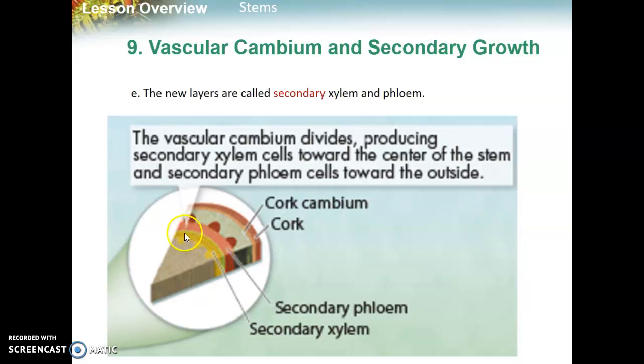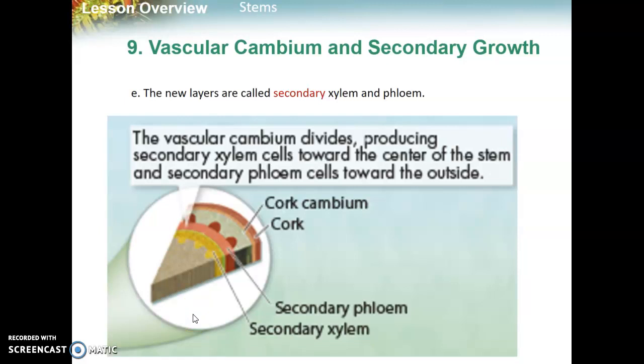So here's a second layer of xylem cells called the secondary xylem, and a second layer of phloem cells called the secondary phloem. As those new cells are being made, the stem grows thicker and thicker. This is what is called secondary growth, making the stem grow thicker or wider around. So it's the vascular cambium, making xylem and phloem, that's responsible for that.